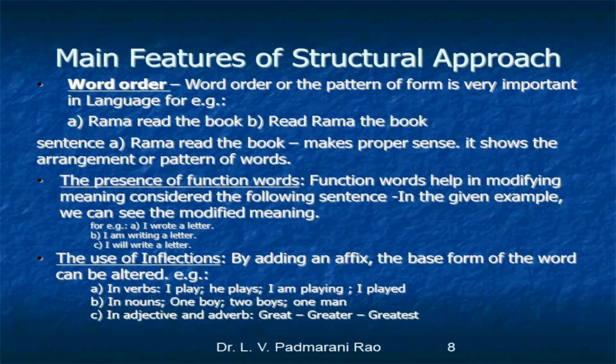Number two, the presence of function words. By function words, which help in modifying the meaning, we mean the tenses are given importance, and the various other structures dealing with the function words are given importance. For example, I wrote a letter has got a different function because it has used a simple past verb form.